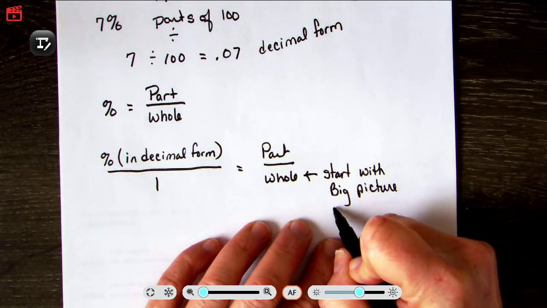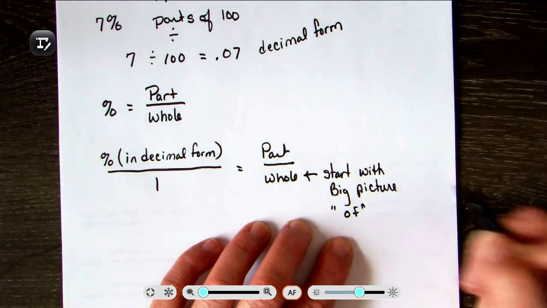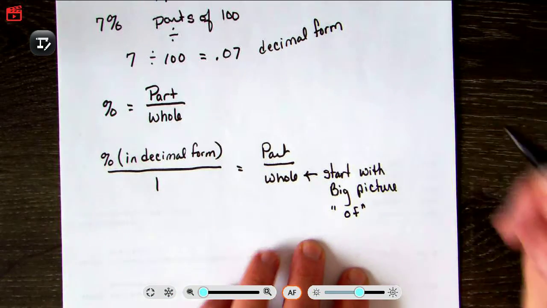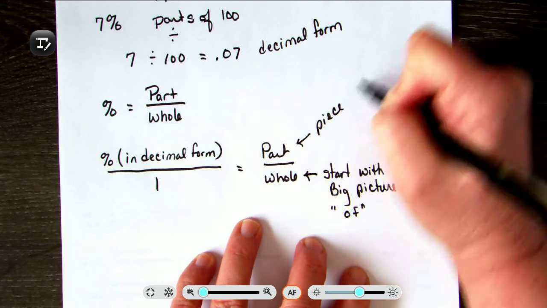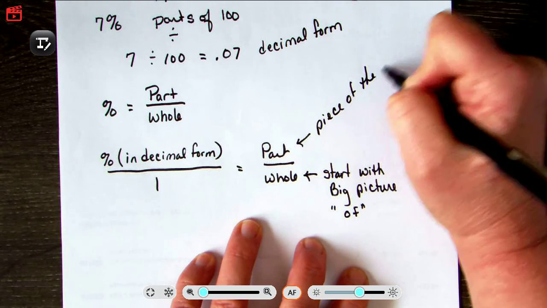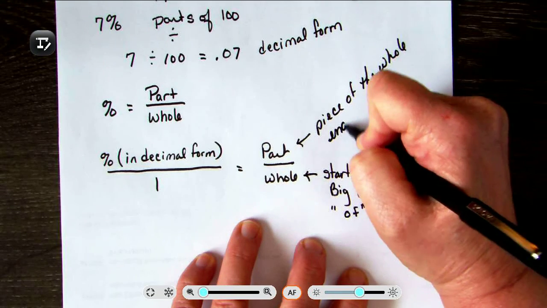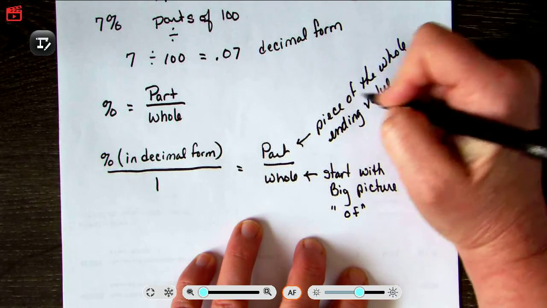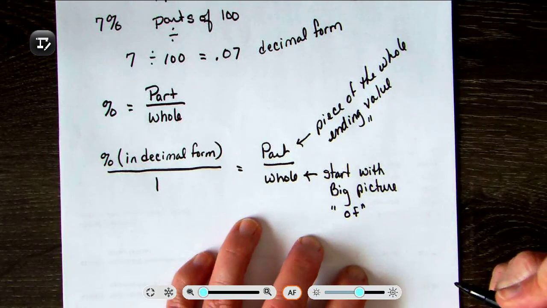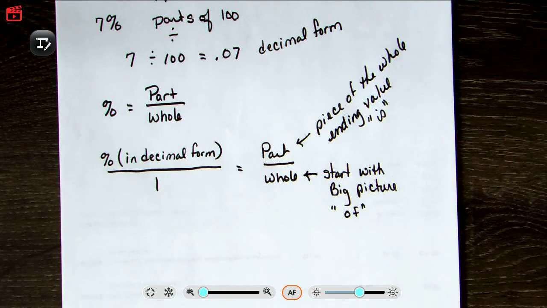Sometimes it has the word "of" associated with it. The part is just going to be a piece of the whole. Might be your ending value. And in small problems, a lot of times the word "is" is going to be associated with it.